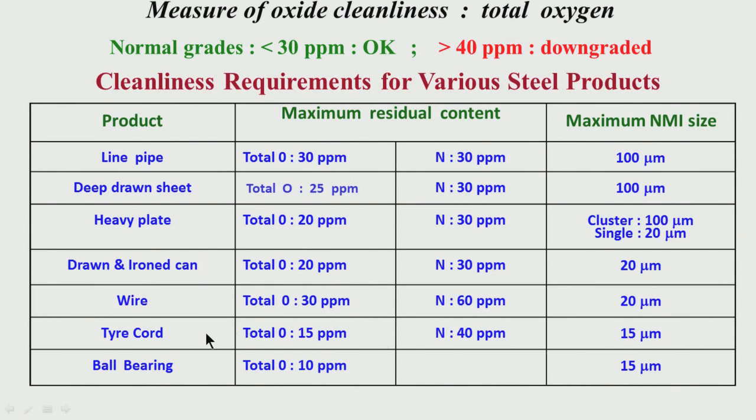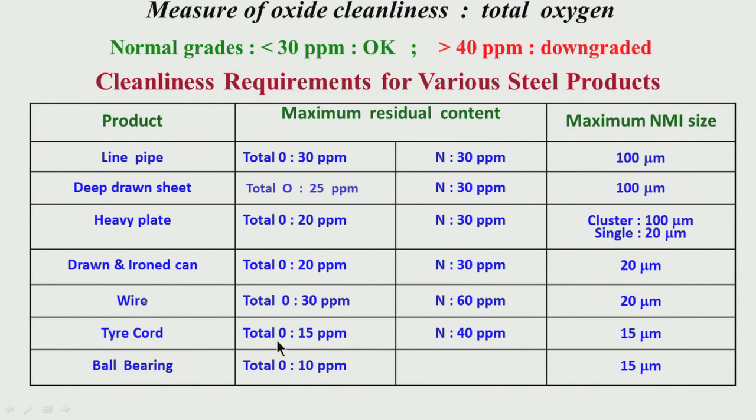Now let us come to another very important product of stringent requirement, tire cord. You know, whatever tires we are producing, rubber tires, they have very thin wires which are known as tire cord, which hold the rubber tire. So these have very stringent requirements.